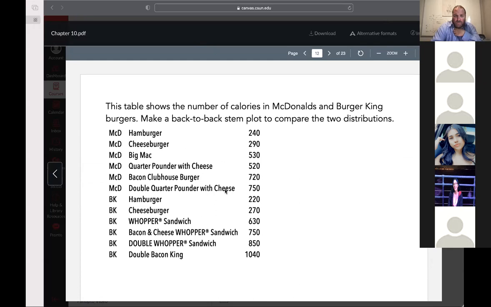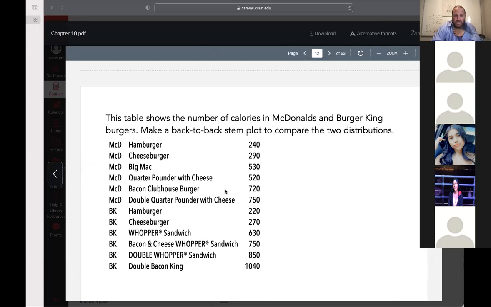Okay, now it says this table shows the number of calories in McDonald's and Burger King burgers. McDonald's are the top half, and Burger King is the bottom, and it says make a back-to-back stem plot to compare the 2 distributions. So what I will do is as follows.